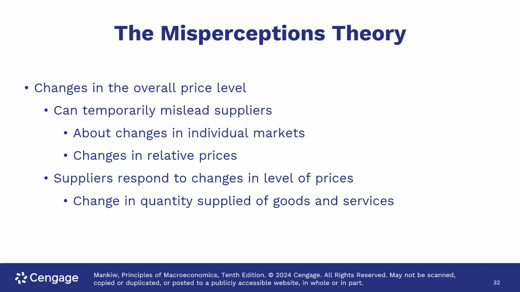They will consider there's an increase in demand for their own product. Then, because of this increase in demand, in the short run, the producer will meet this demand by working overtime. So in this case, you will see an increase in the production. All right, so this is the misperceptions theory.